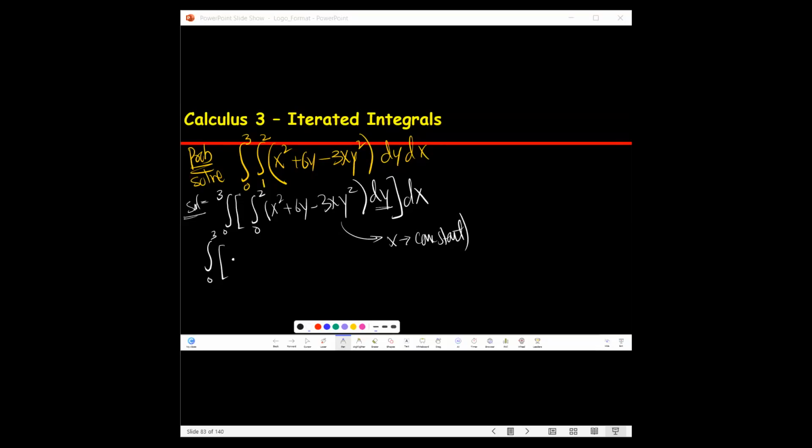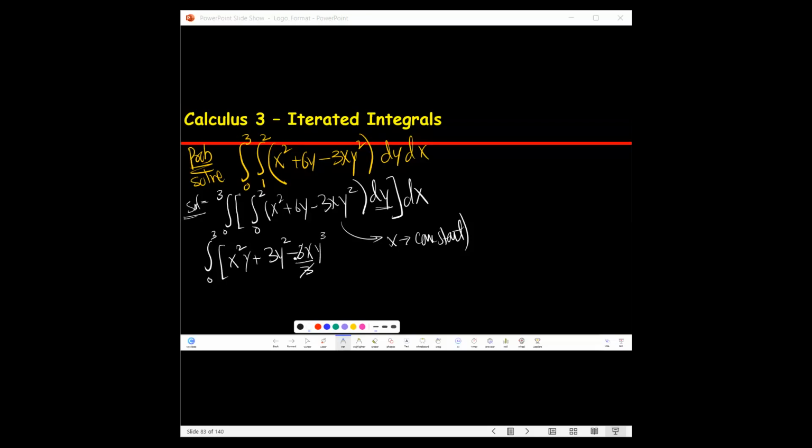So the integral will be x squared as is, and there is only one operator, y plus 6 over 2 y squared. Okay, so I can write this in a little bit simpler way. I can just take 3y squared minus x, and then y squared is going to be y cubed over 3.